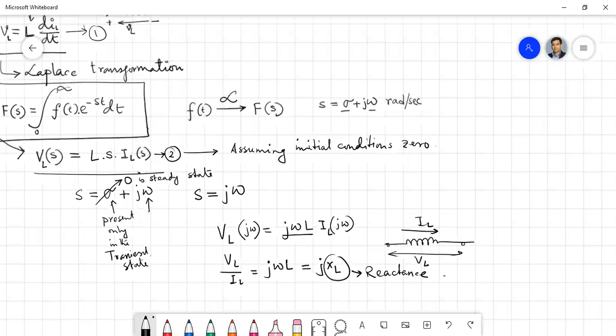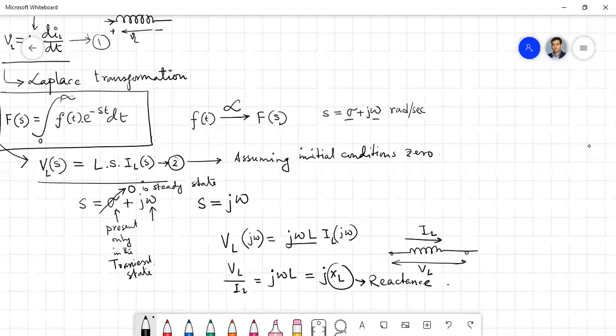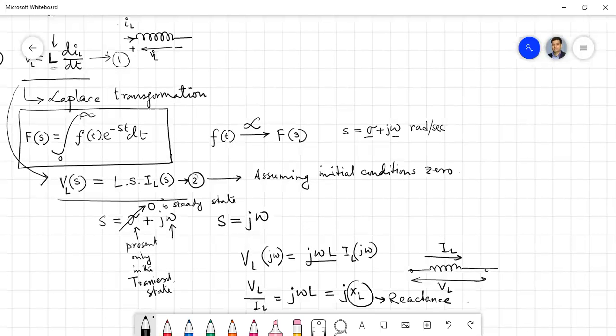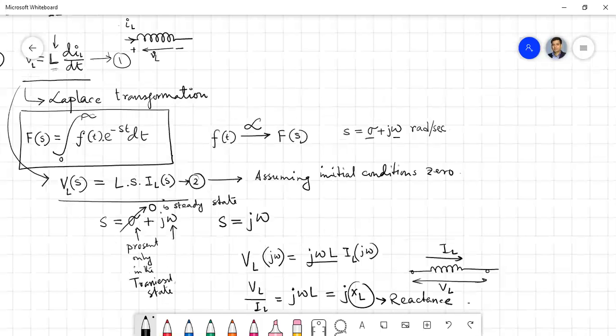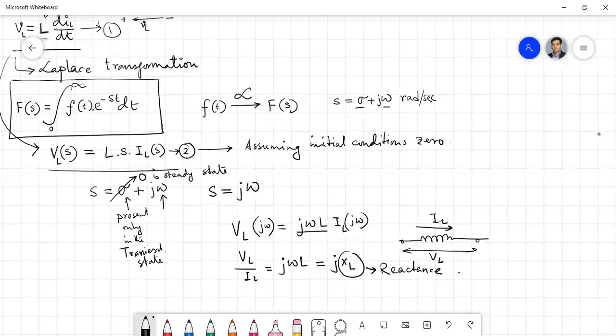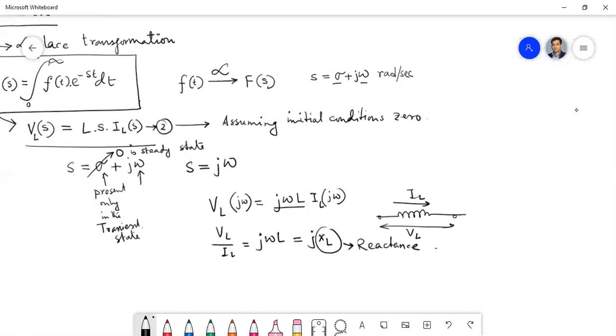Inductance is a property of the coil. Reactance is also a property of that coil, but it is a derived property. It depends on omega also. That means the same inductor can give different reactance values. Suppose in our country we have 50 hertz frequency, we'll get some XL value.